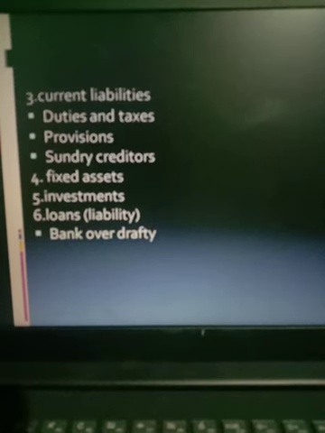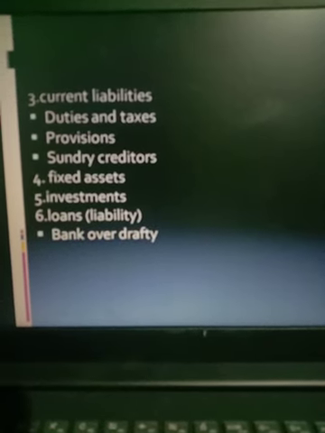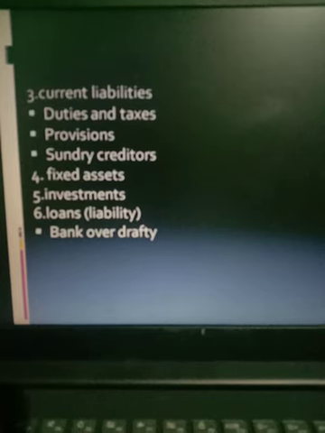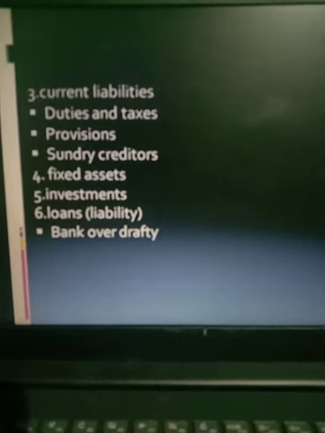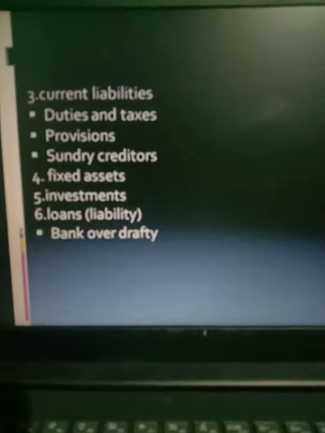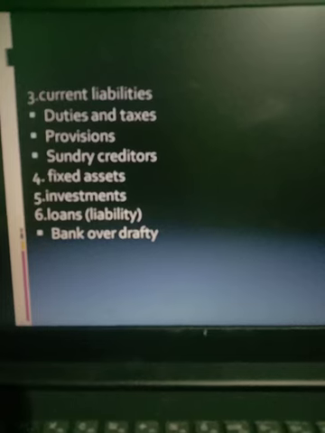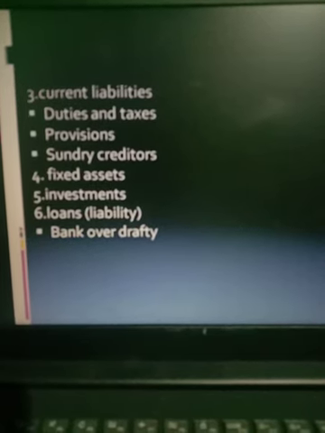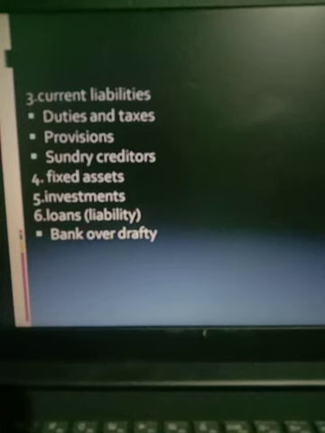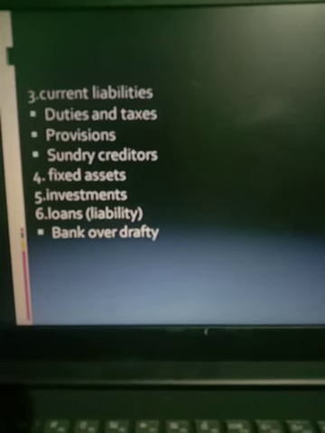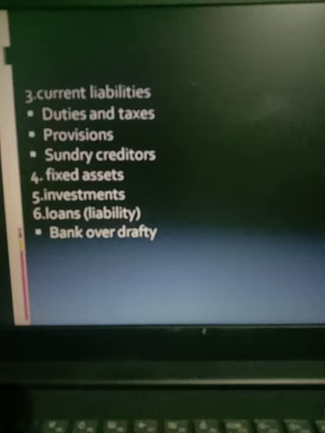Next one is bank overdraft. I think all of you know this. Bank overdraft is overdrawing of money. Normally this option is given to current account holders, meaning they can withdraw more money than their account balance.